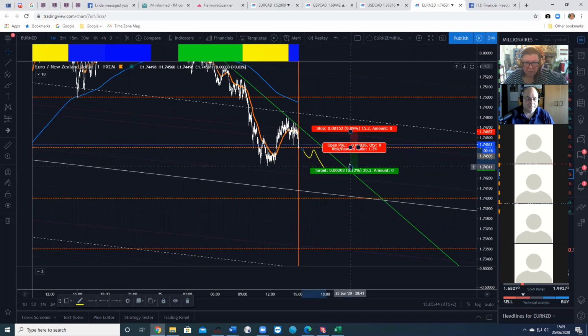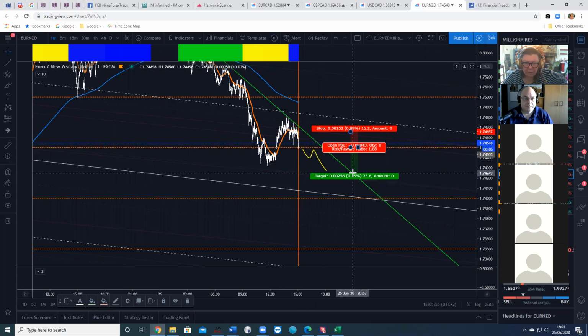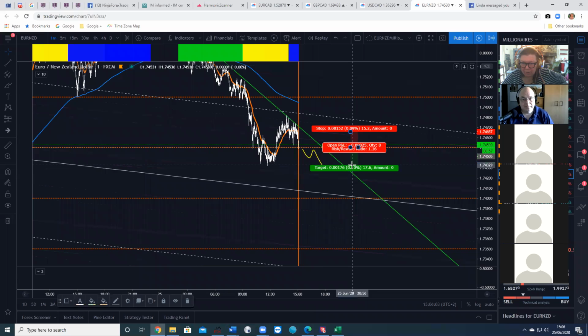So your stop loss would be 1.74657, thereabouts. And then you'd be looking for 20 pips, I'm just looking at that stall out zone, which is about 18 pips. So 1.74330.